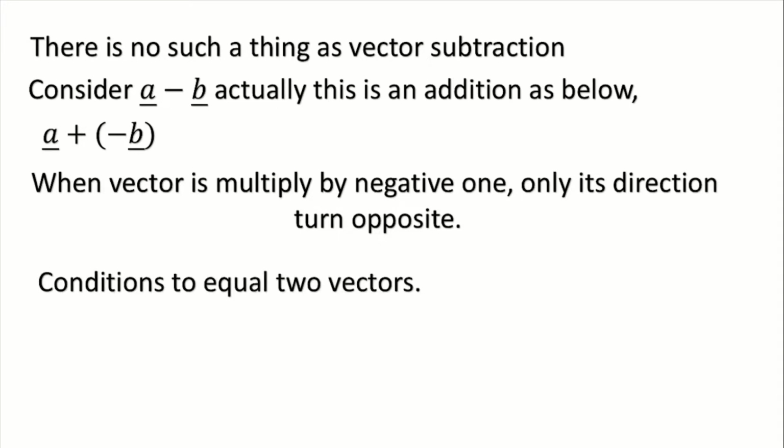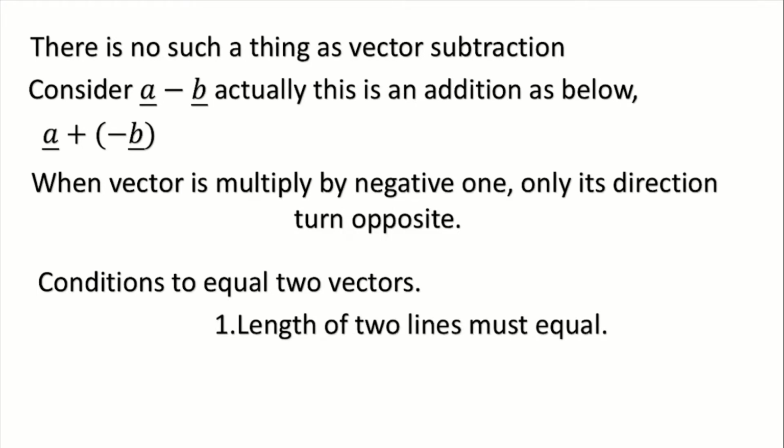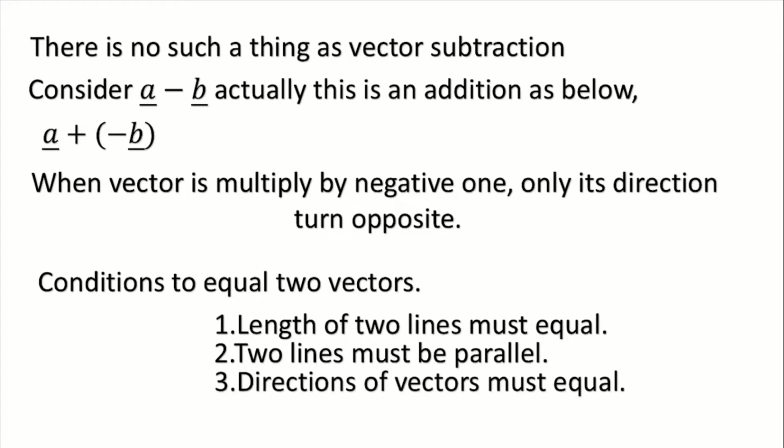Condition to equal two vectors. When we talk about the equality of two vectors, there are three conditions. The first one is that the lengths of the two lines which represent the vectors must be equal. The second one is that the two lines must be parallel. The third one is that the directions of the vectors must be equal.